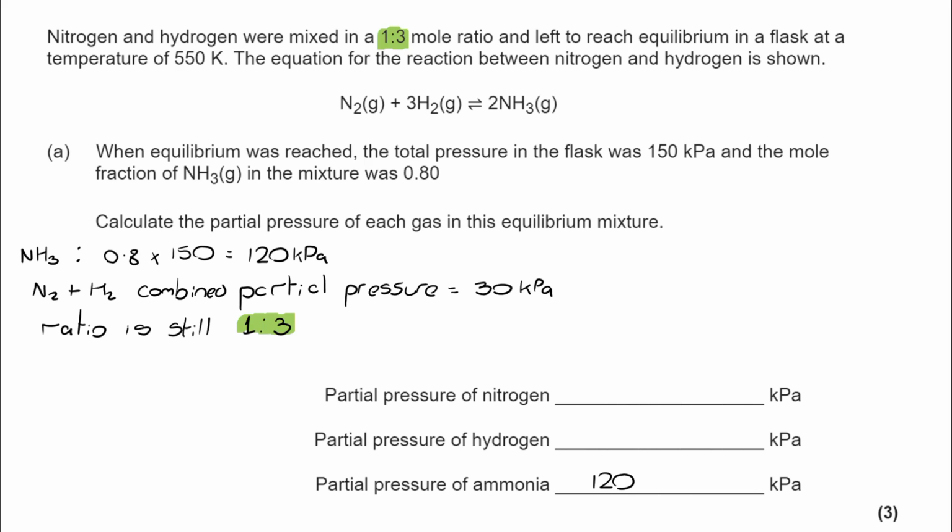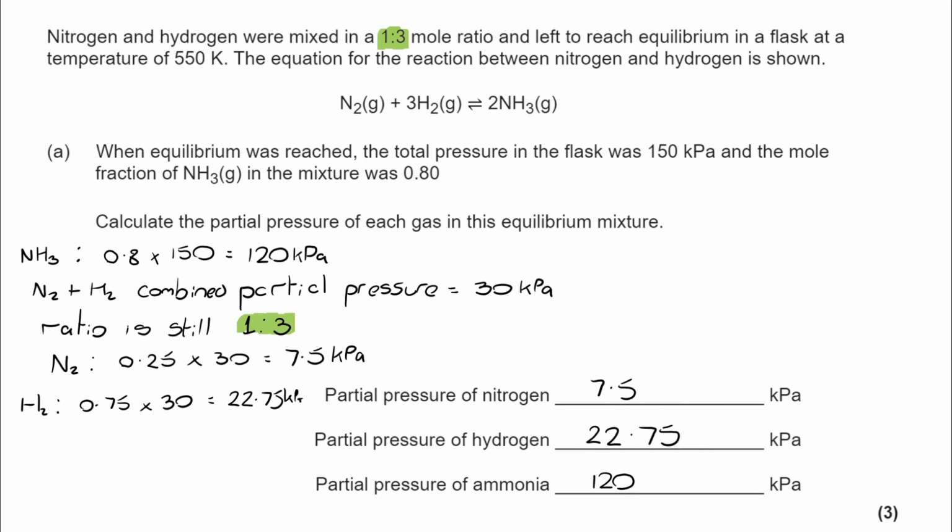So from that, I can work out that the partial pressure of nitrogen is 7.5 kilopascals. That's 1/4 of the 30 remaining kilopascals. And I can do the similar calculation, or I can just add them up so they get to 150. The partial pressure of hydrogen is 22.5 kilopascals.